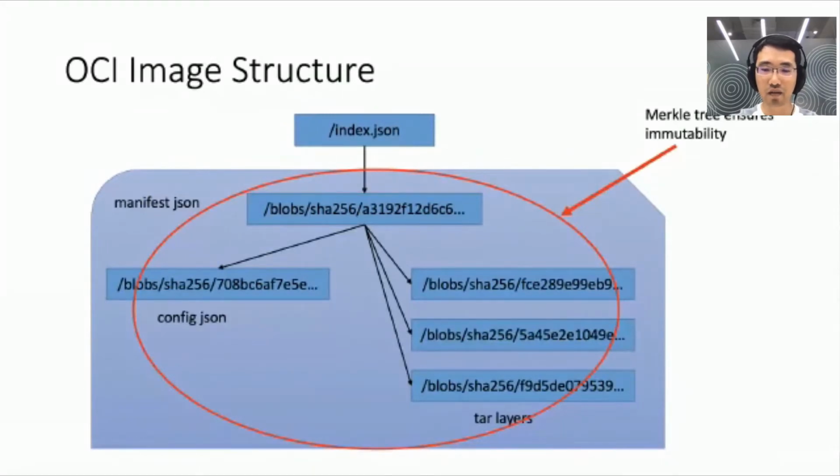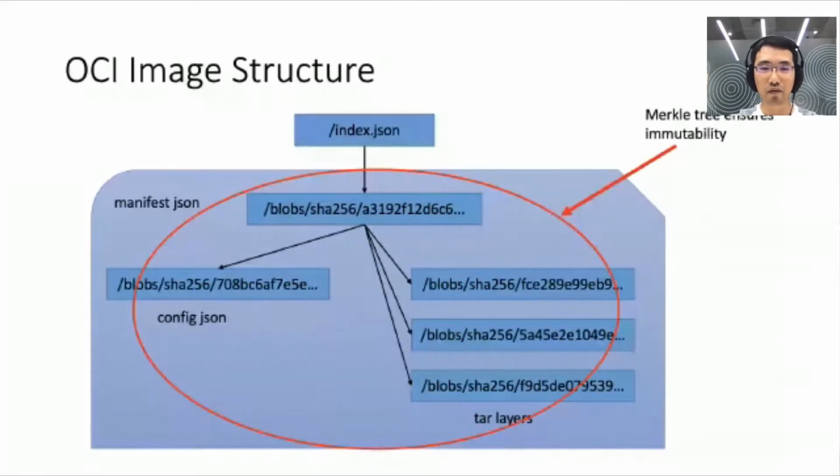Right now, it is usually many tar layers, and all these tar layers together with the config.json are all hashed with the SHA-256 algorithm, and each of them is combined into a manifest.json, which is also hashed. All these things come up with a Merkle tree that is usually called a hash tree.